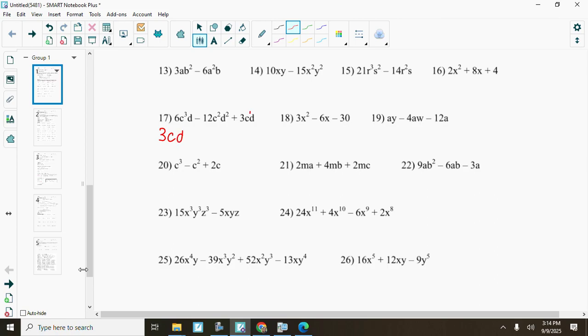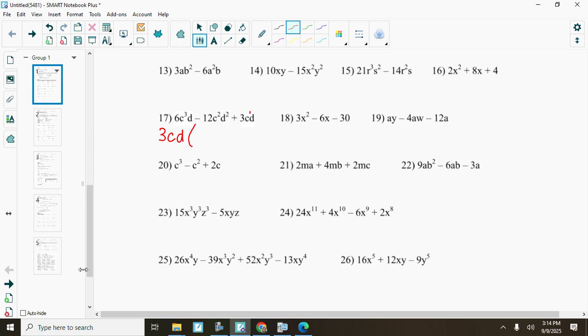And then the D's, there's a D in every term, so I can take out a D. It's common in all 3 terms. So then we have to look at the lowest exponent of D. Okay, there's a D squared, and a D. So I can take out one D. Okay, what am I left with? So what do I need to multiply 3CD by to get back to my original question, to get to 6C to the power of 3D?